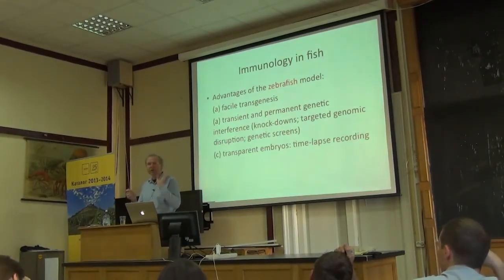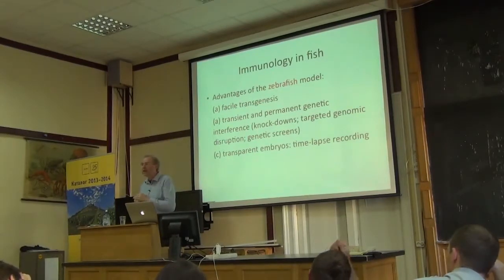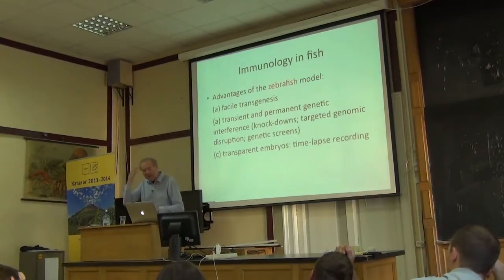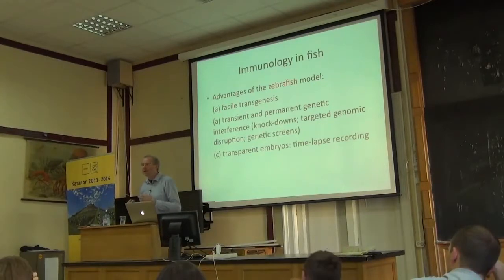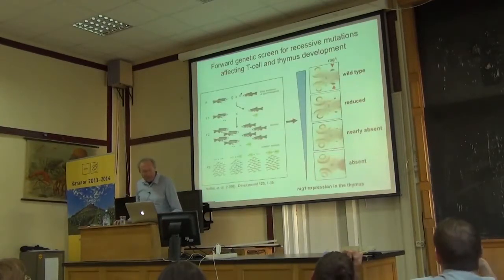And I will show you some videos, and I hope it's not too light, so you will be able to see it. But that is a fantastic system, and these embryos, believe it or not, you can put them in jelly-like agarose, a bit like gelatin, put them under the microscope and observe them for a couple of days. They don't mind, they develop, and you can track individual cells. So that is an enormous resource that one can tap into, and we've tried to make good use of this.